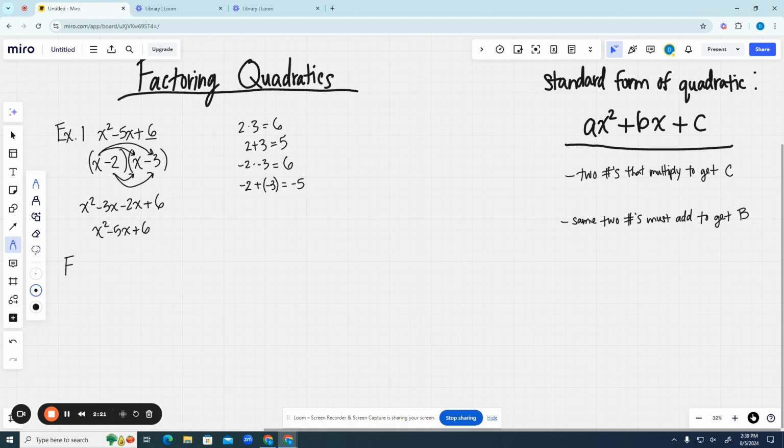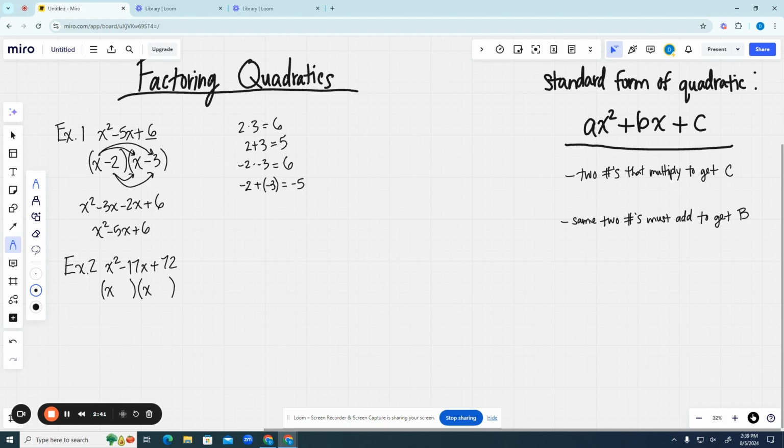So if we look at this next example, these numbers are a little bit bigger, but I'm going to start with writing my parentheses.